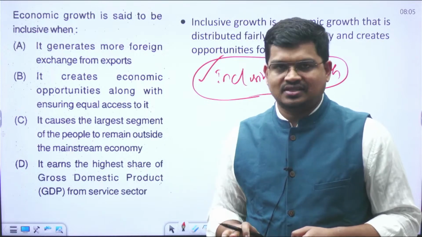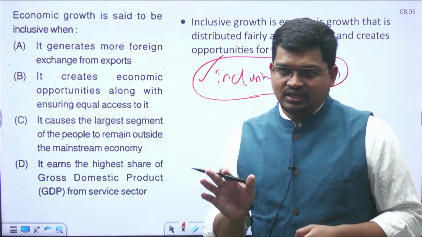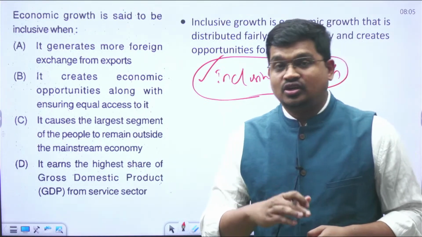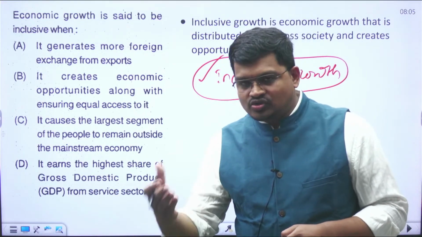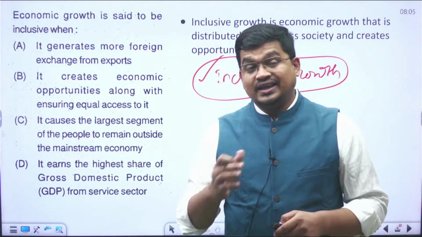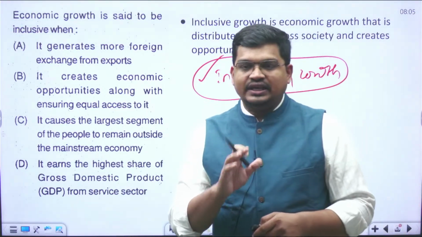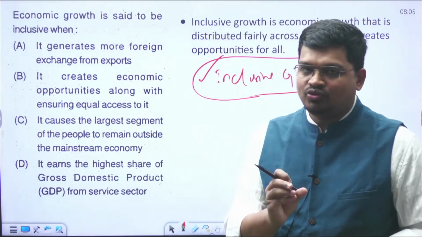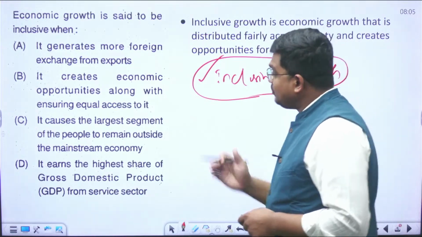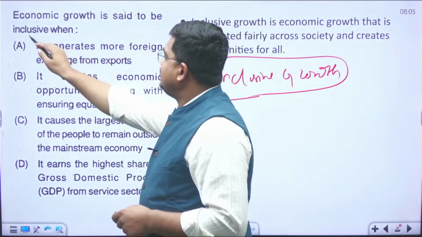Today we will discuss that, because it's not that economic development was not there earlier. If economic development existed, then why was the concept of inclusive growth introduced? And yesterday we also saw that in the 11th 5-year plan, the theme was this inclusive growth. Let's first see the question.